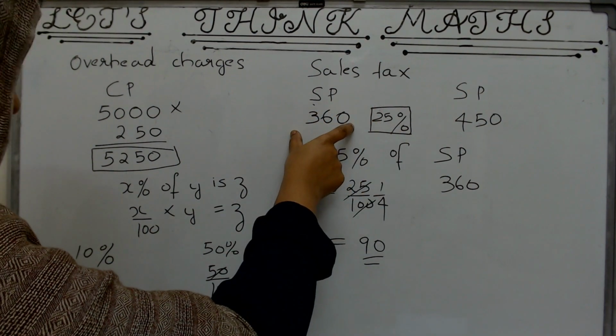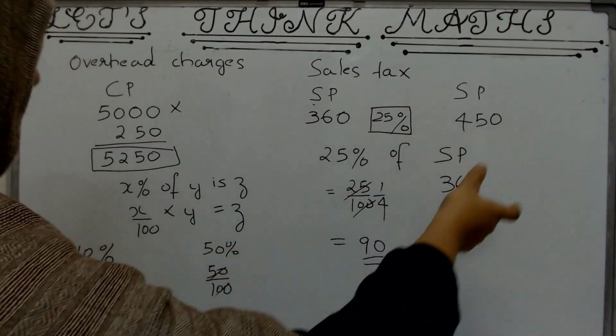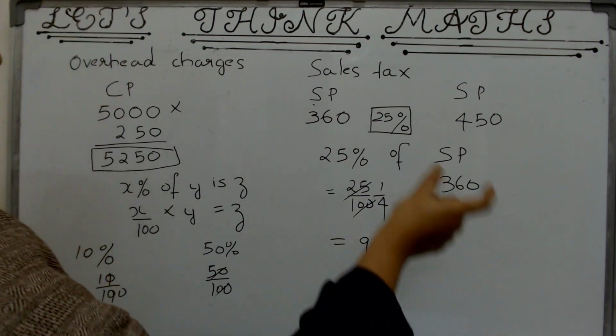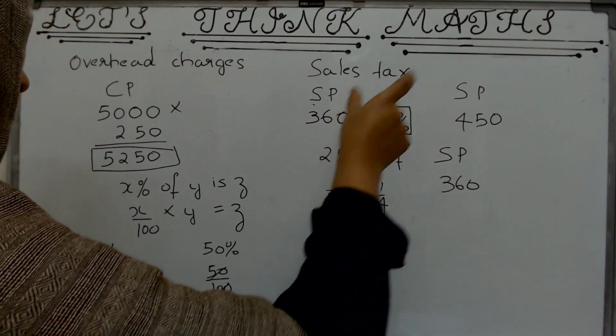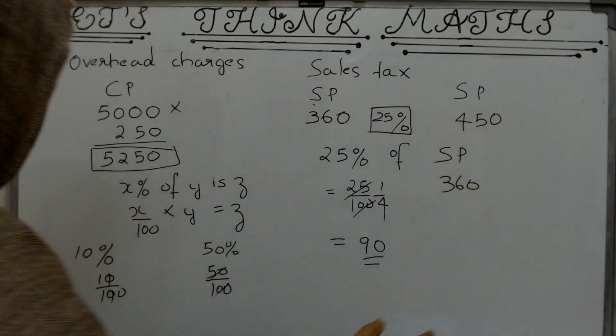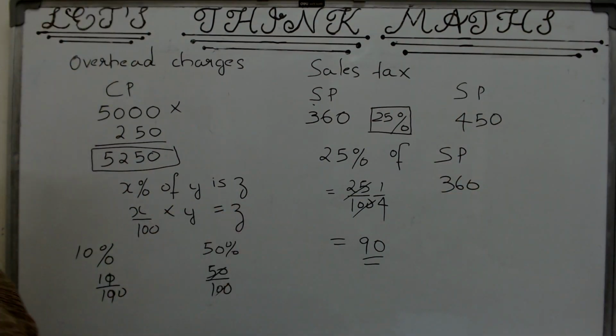So you take the selling price. You don't just give that. To that selling price, you add this 90. You add this 25%, and you give the shopkeeper 450 rupees. And this sales tax goes by many names, GST, VAT, but the logic is the same. It is just like Shakespeare said, what is in a name?